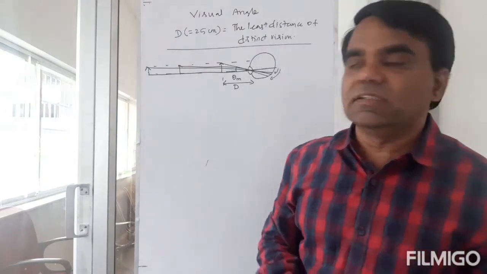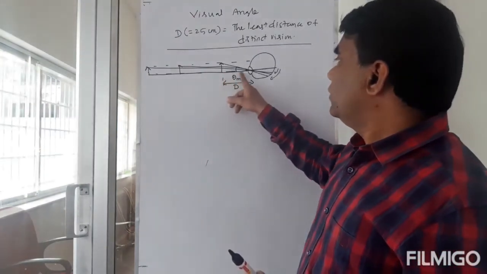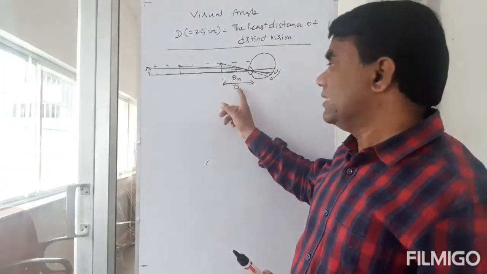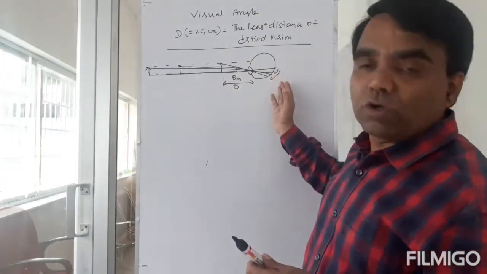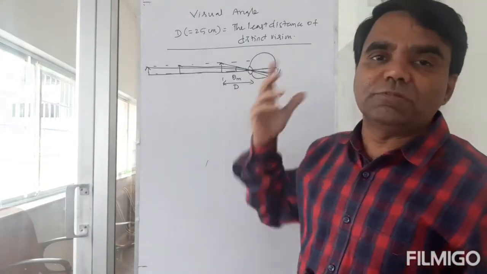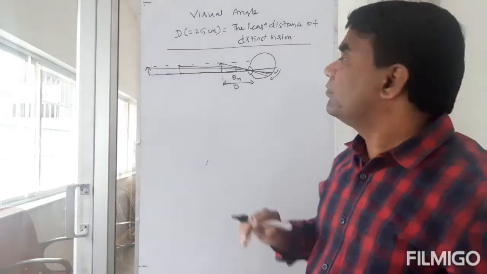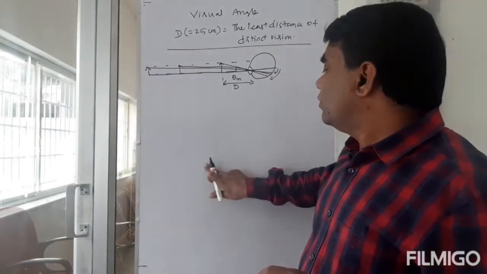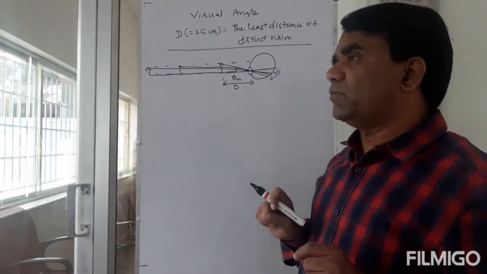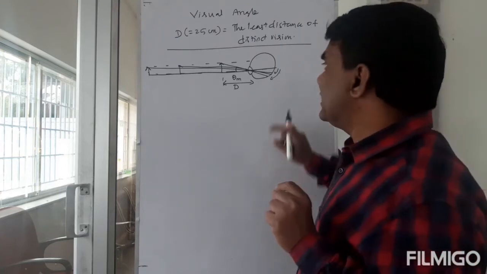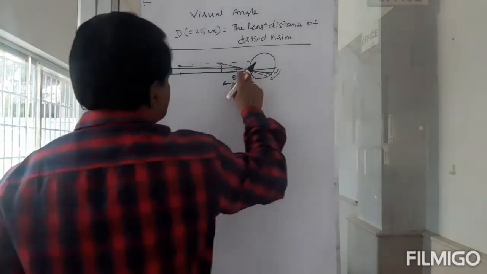But the only trouble is that I can't bring it closer than this distance D. Then the focus will not take place. Even though the object is bigger, the focus will not take place. I would hardly see anything there. So what I'm going to do now is try to increase this visual angle.